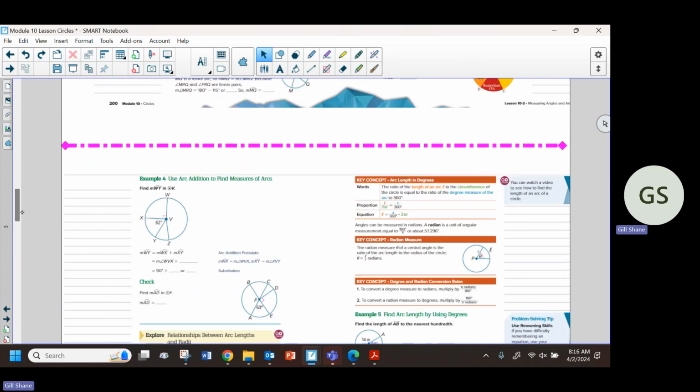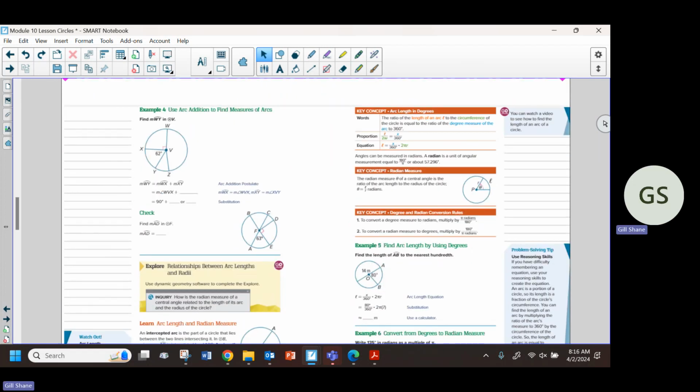So try to do example 4 before we do a new lesson. All of this is the building blocks for the next 2 or 3 examples. The next stuff we get into is a little confusing, but it's the same math for one new type of measurement.